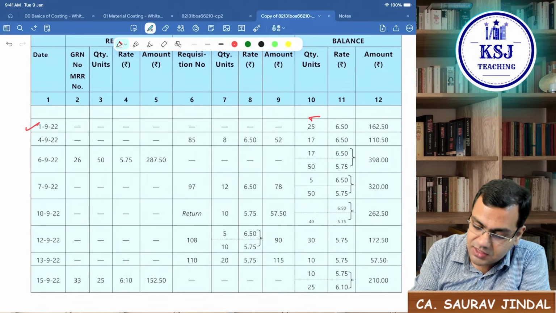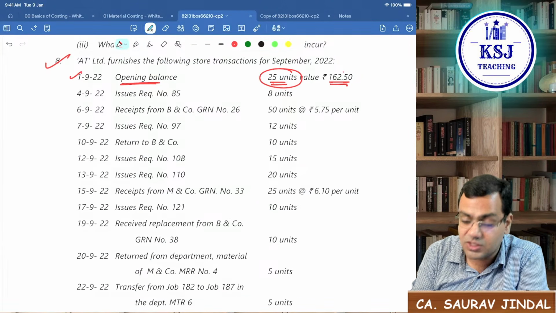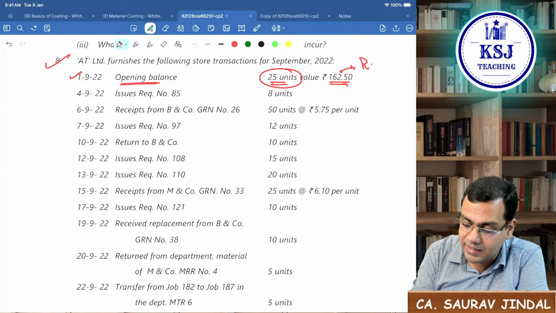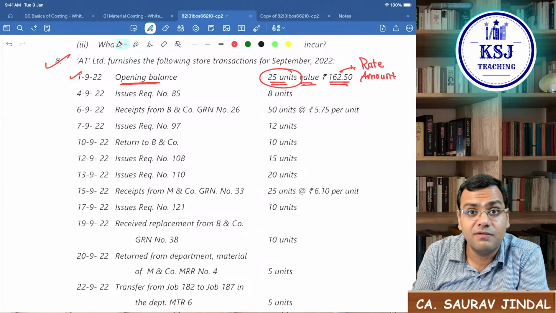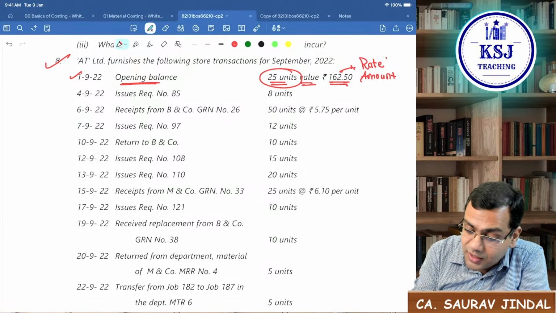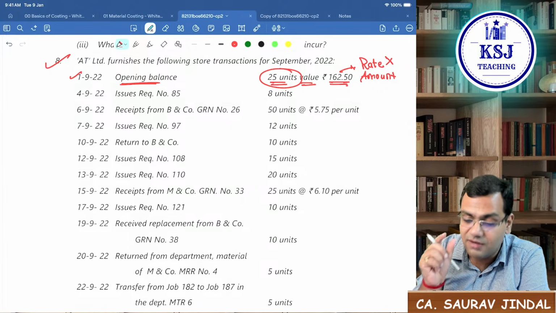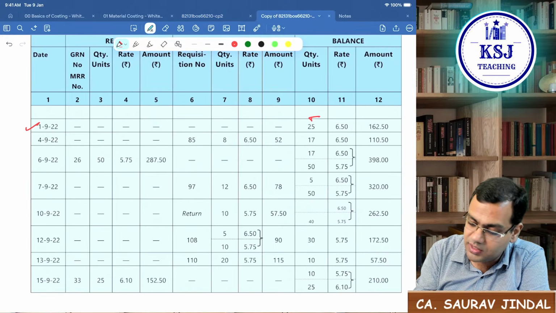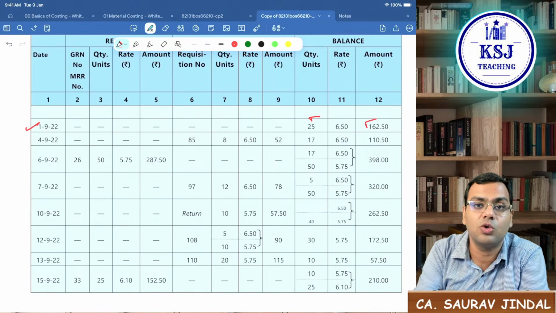But is this 162.50 the rate or the amount? They say valued 162.5, so this is not the rate. This is the total value of the 25 units, so in the value column they have written 162.5.